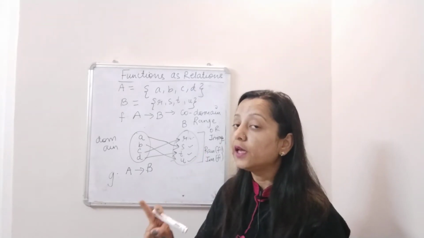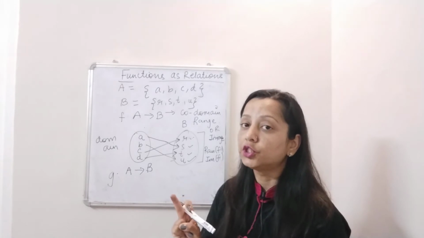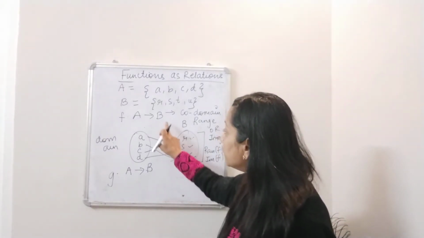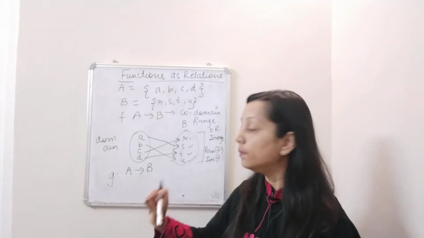In that case, those elements which have been left out will not be called the image of function. Only those elements of B which have been assigned to the elements of A will be called the image.